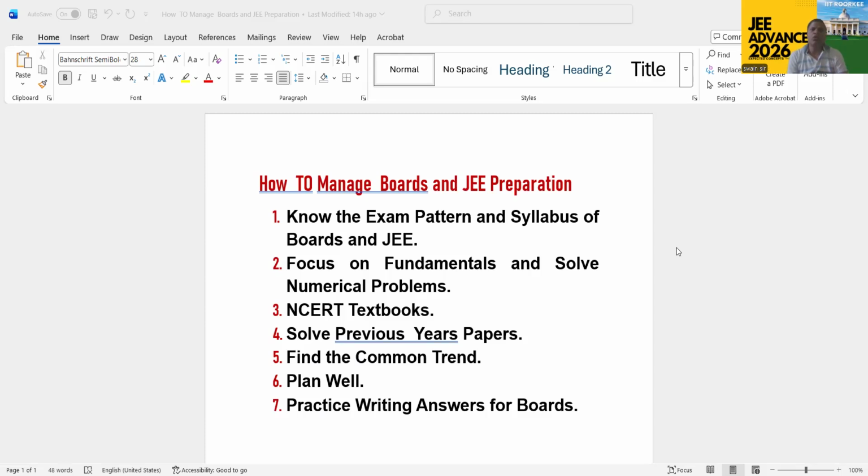First of all, you should know the exam pattern and syllabus of the boards and JEE. First, you have to thoroughly understand the question paper pattern also. For JEE, you need to strengthen your conceptual and application based knowledge.